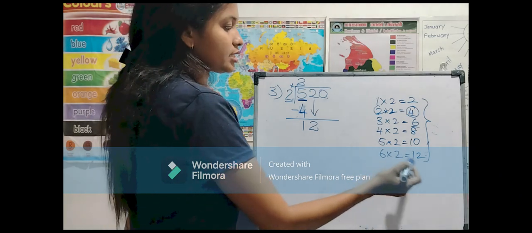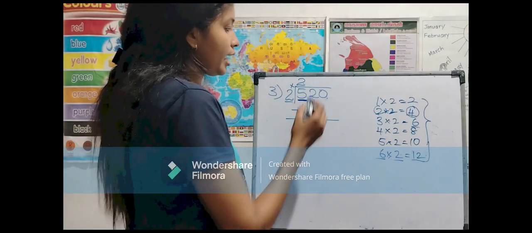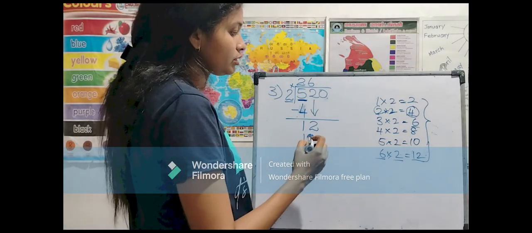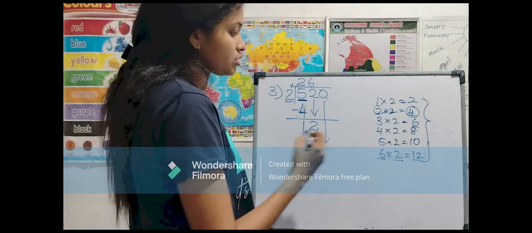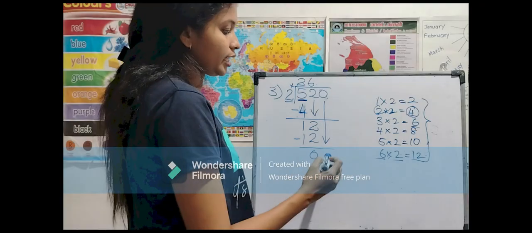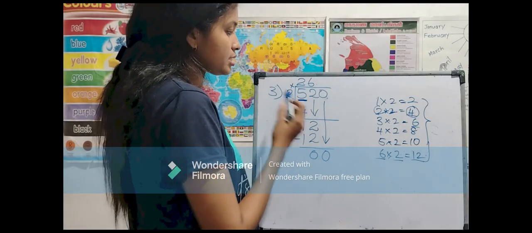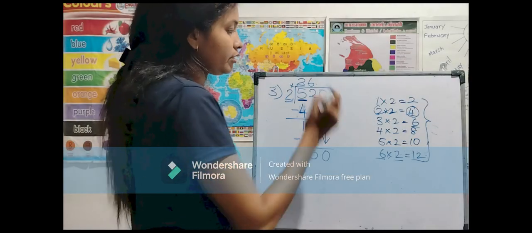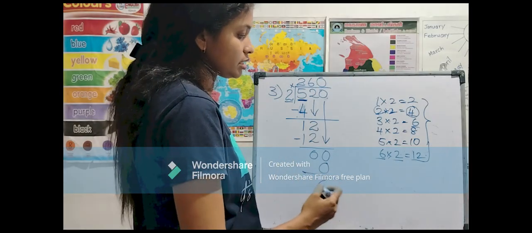Then we consider here 12 and we consider the second multiplication table and 6 is the answer. Then 2 times 6 is equal to 12. 0. Then you want to subtract here. You want to take this 0 as well. Then 0. Can you divide this 0 by 2? Yes. Then what's the answer? 0. 2 times 0 is equal to 0.